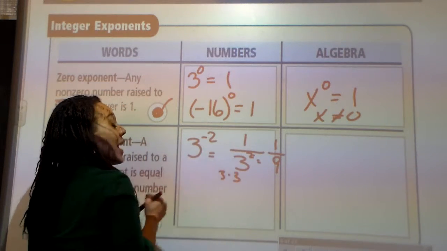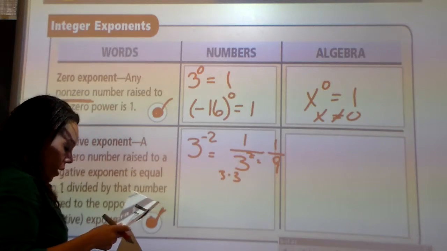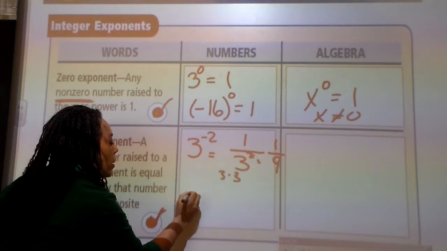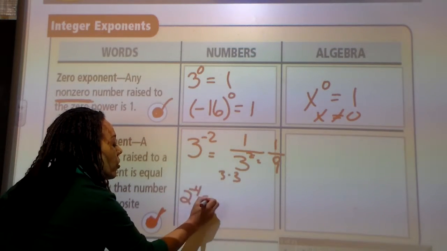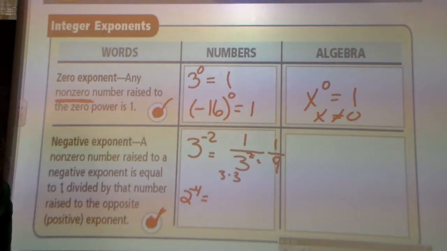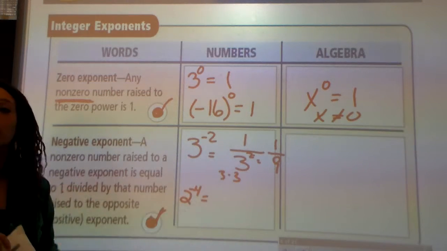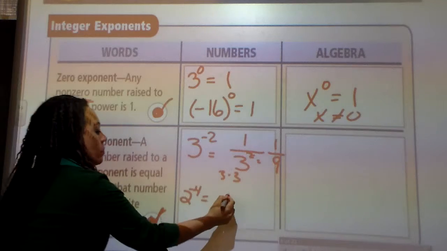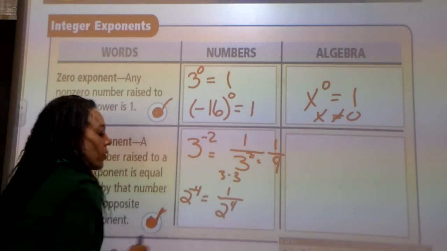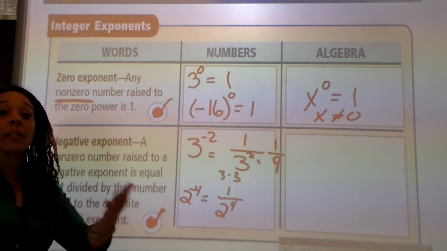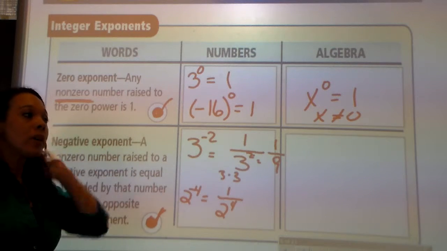So 3 to the negative 2 is 1/9. Another example of that would be here, 2 to the negative 4th. What would I do? Immediately I see the negative power, 1 over 2 to the 4th. Just the whole thing, but take out the negative. But you might want to solve now.